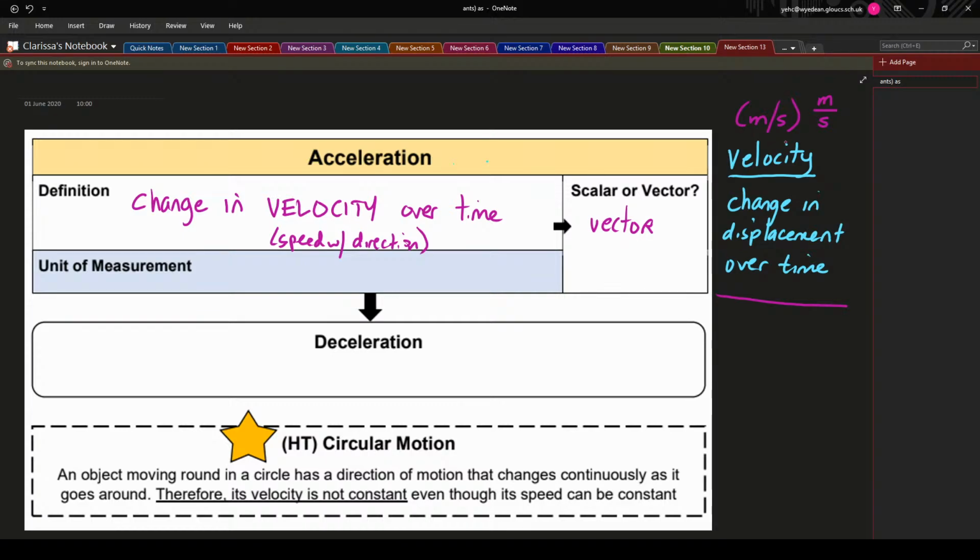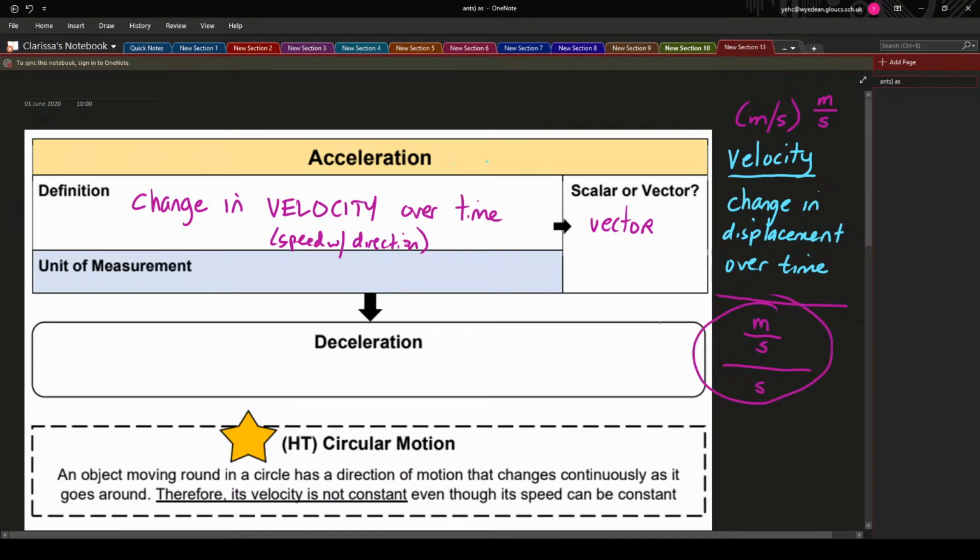And because acceleration is change in velocity over time, it's meters per second, over a second again. The way we write this to make it not disgusting looking is m/s squared. So we're just saying there's 2 lots of seconds in our denominator rather than it being huge like this. So it's meters per second squared.